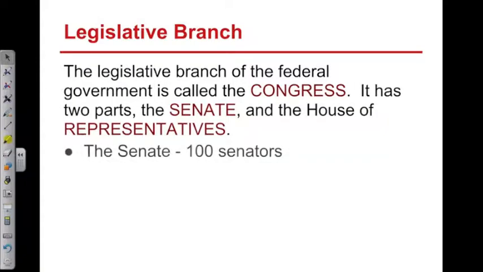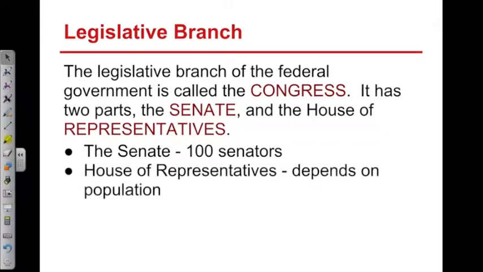Now, the Senate has 100 senators, no more or no less. There can never be more or less. However, for the House of Representatives, it depends on the population as to how many representatives there are. From Kansas, there are 2 senators. There's 2 from each state, meaning 100 senators. The House of Representatives depends on the population.